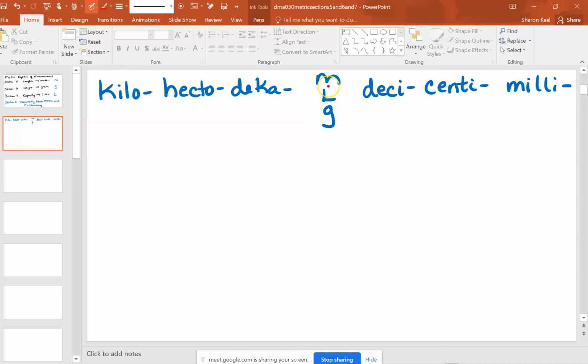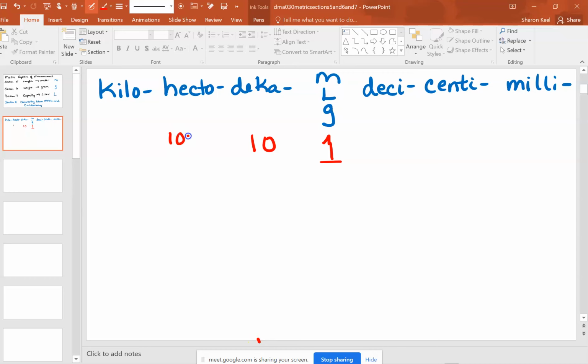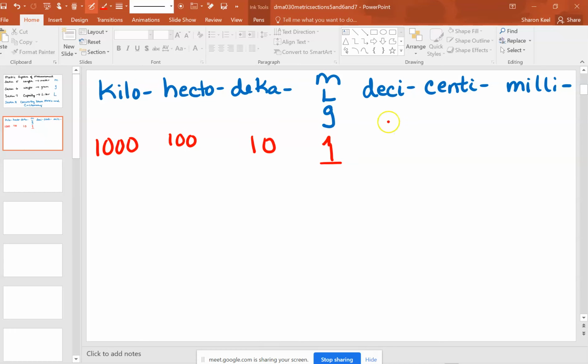The unit in the middle, the meter, the liter, the gram, is represented by 1. Deca would represent 10. Hecto is 100, and kilo is 1,000. On the right side, deci is 1/10, centi is 1/100th.